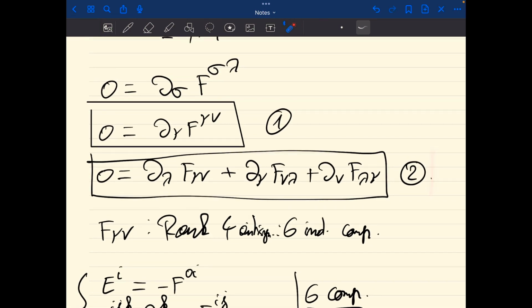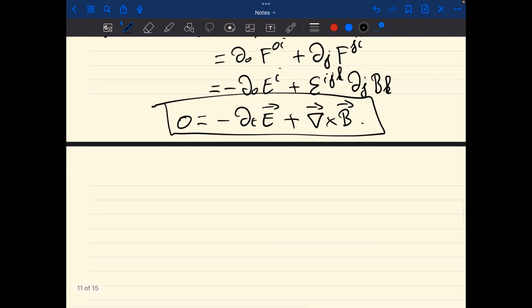We can see what we can get from the second equation. It's a bit more involved. There are more free indexes. So we can start by taking in this equation lambda equals 0 and see what we get out of it.